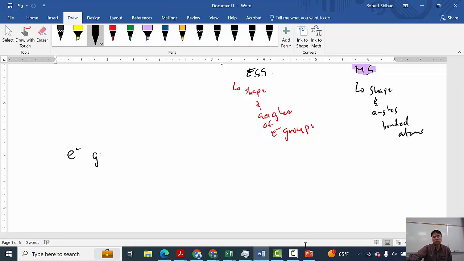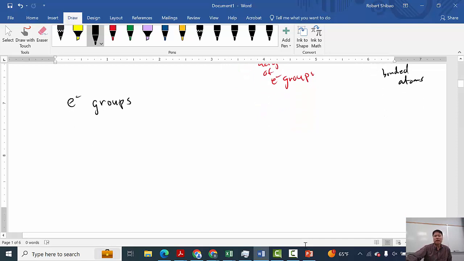For electron groups, what do you mean? Yeah, let's look at the electron groups right now.